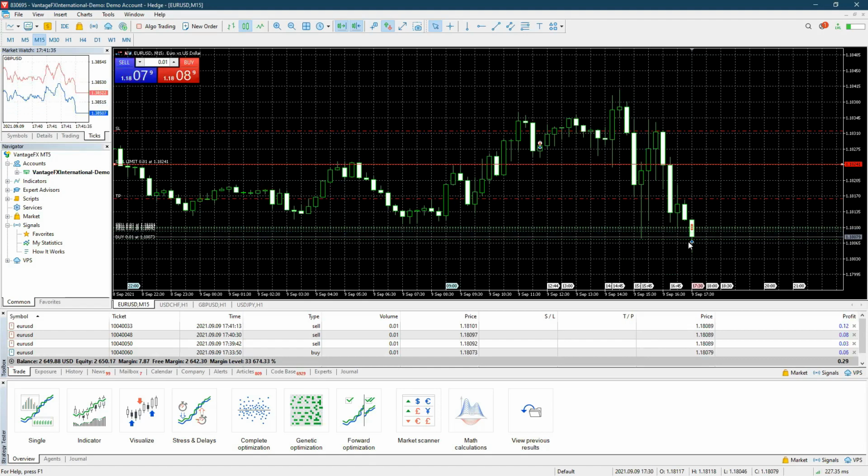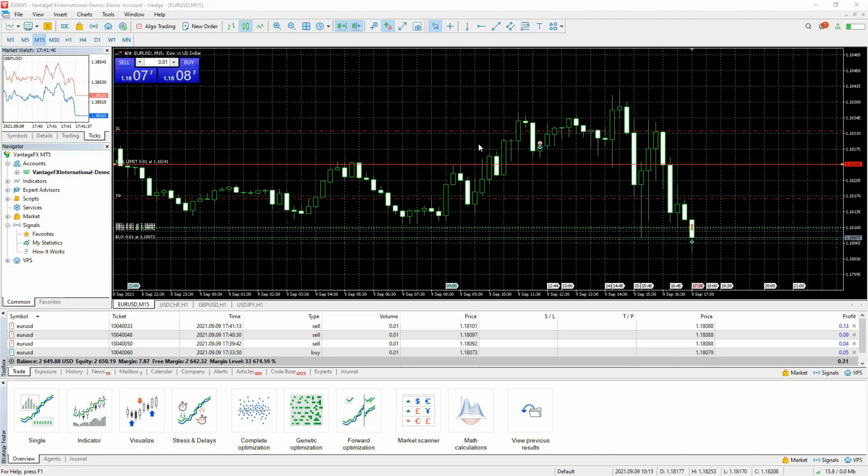So one thing to also check is this. When you are placing your trades, you should always ensure that you're connected before you actually go ahead to place your trade.